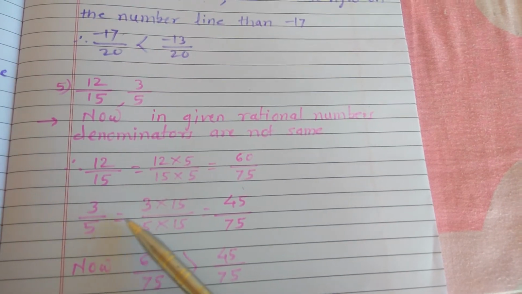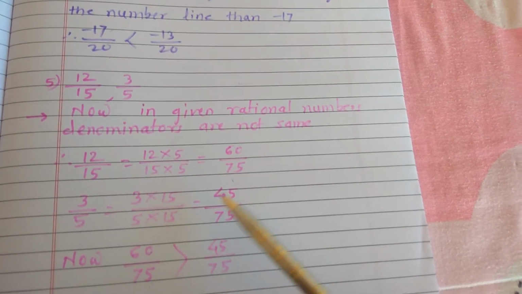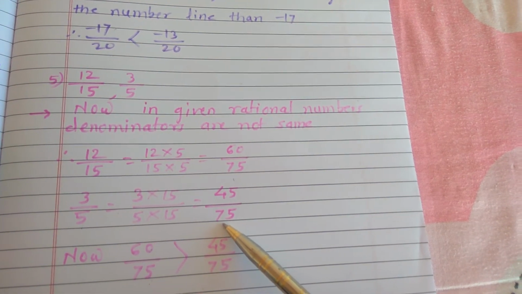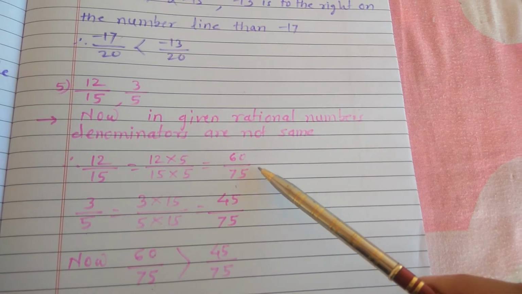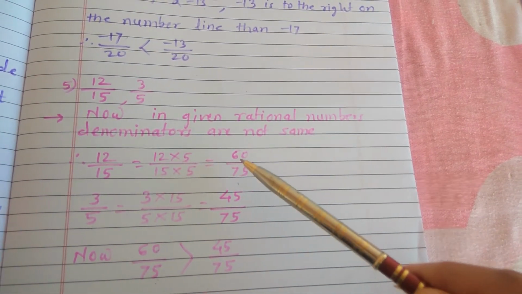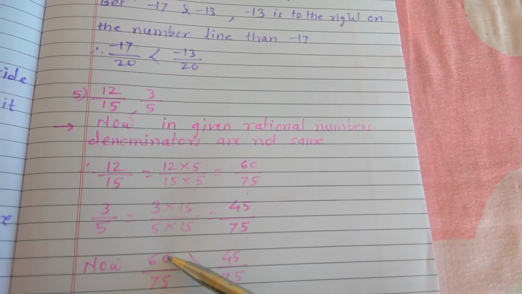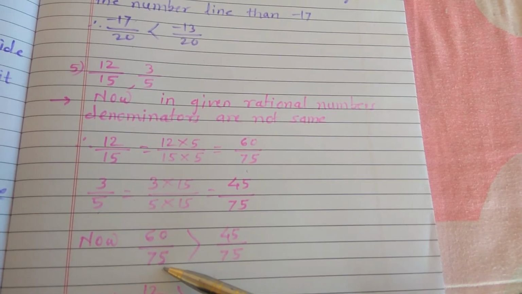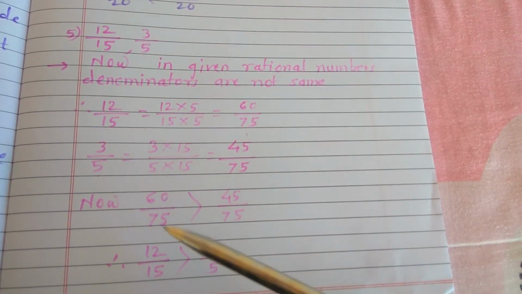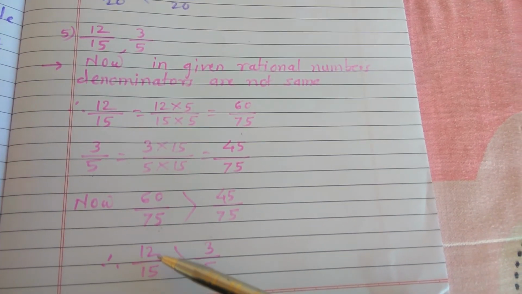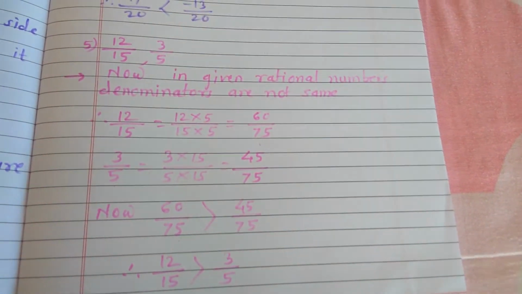And this 3 upon 5 is equal to 3 into 15 upon 5 into 15 is equal to 45 upon 75. Now, by comparing these numbers, denominators are same. So, compare this 45 and 60. Between 60 and 45, 45 is less, 60 is greater. And so, 60 upon 75 is greater than 45 upon 75. Now, original rational numbers, 12 upon 15 greater than 3 upon 5.